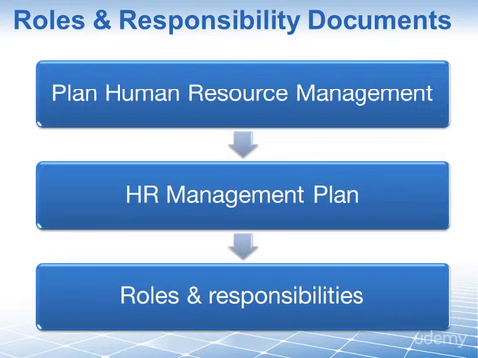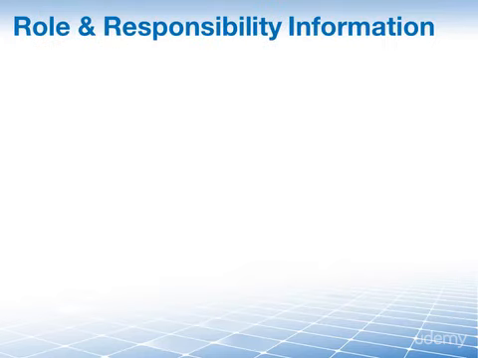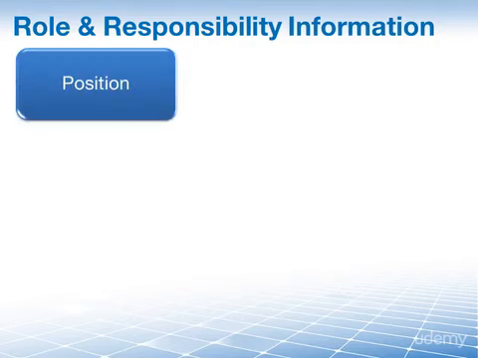Let's delve deeper into what we describe here. So for each resource type or resource category on our project, we are going to want to create such a roles and responsibilities document. And there are 4 types of information that you want to include in such a document.